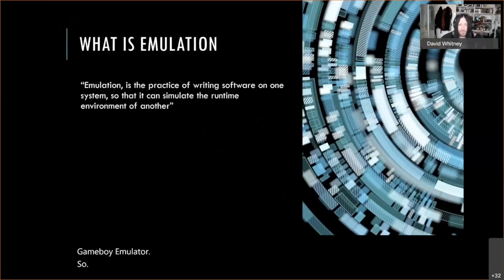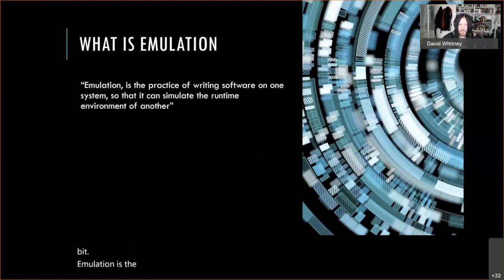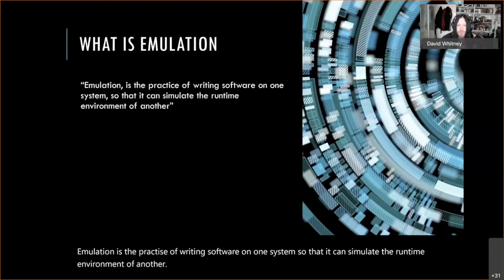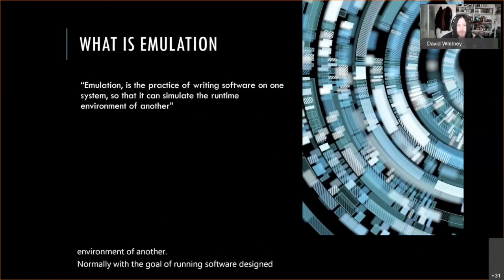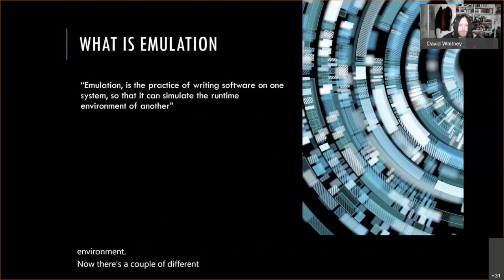So what is emulation? When I say the word emulation, we should probably talk about it a little bit. Emulation is the practice of writing software on one system so that it can simulate the runtime environment of another, normally with the goal of running software designed for a different piece of hardware or environment. Now, there's a couple of different approaches to emulation that you can take.